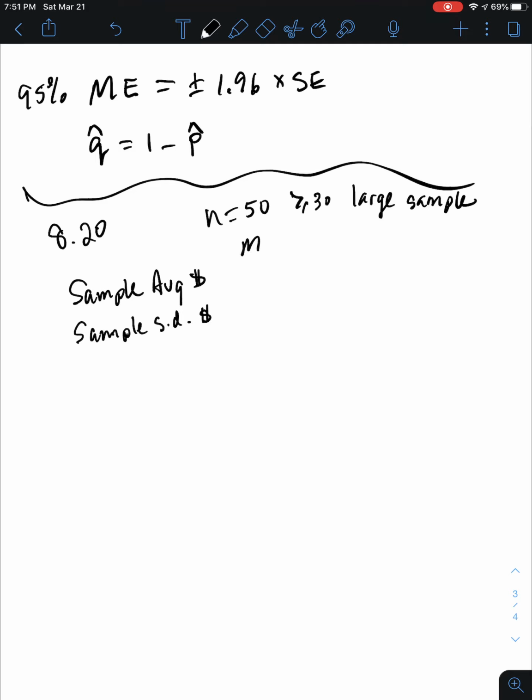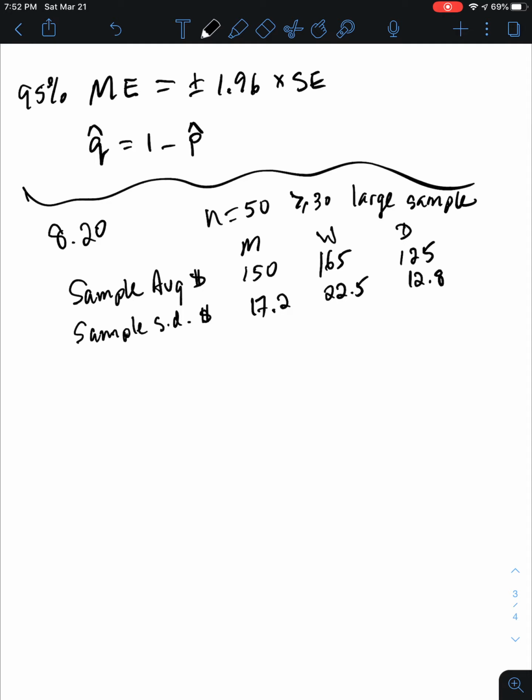And we're going to look at the Marriott, we're going to look at the Westin, we're going to look at the Doubletree. Marriott, $150 a night with a standard deviation of $17.2. Westin is $165 per night with a standard deviation of $22.5, and Doubletree, a bargain at $125 a night with a standard deviation of 12.1.